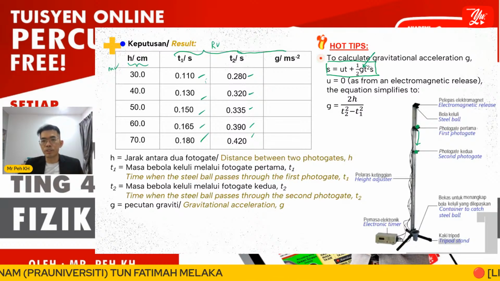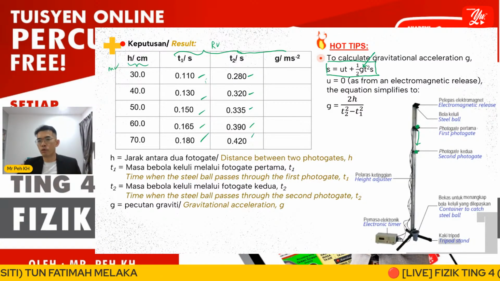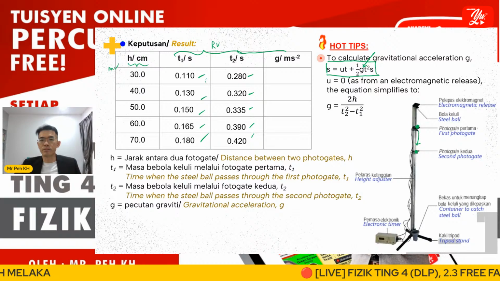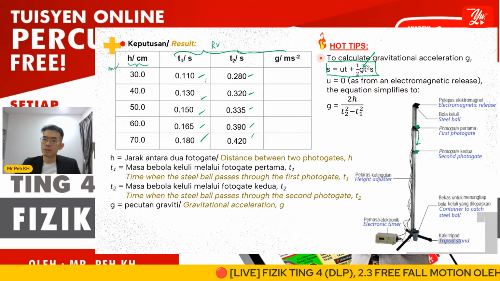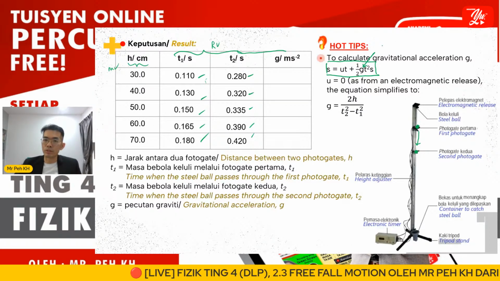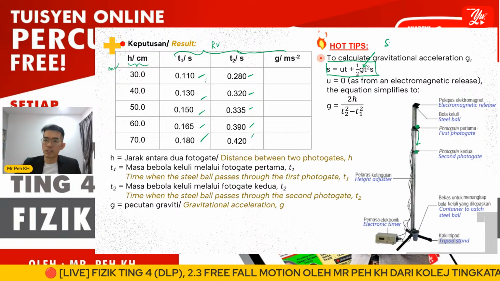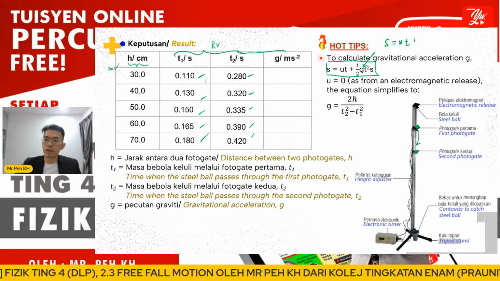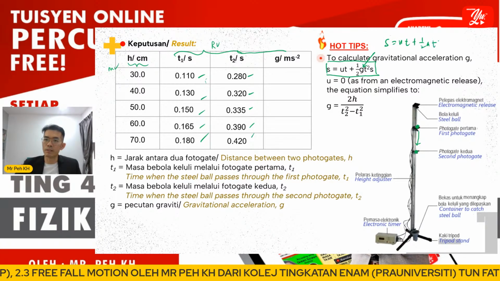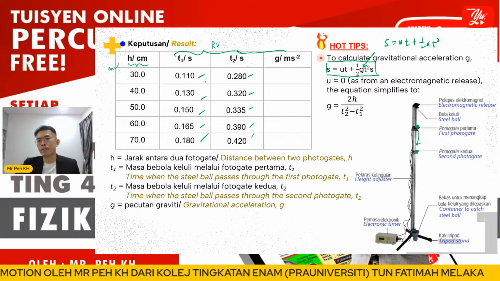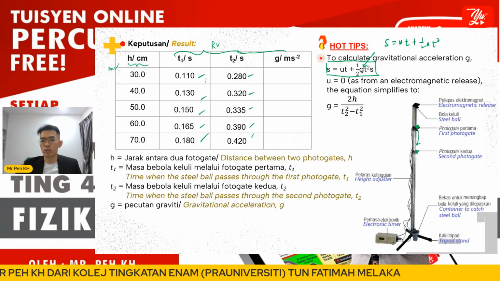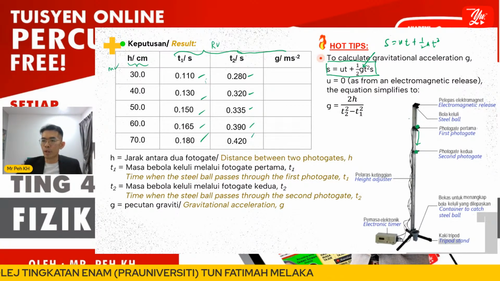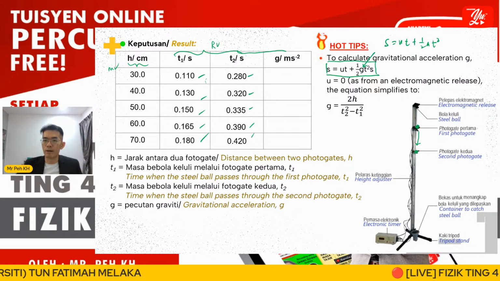This formula is the one you learned in 2.1 already, the straight line motion equation: s = ut + 1/2 at². So we just replace the a here with g because the object is moving downward, where the a has the same value as g.